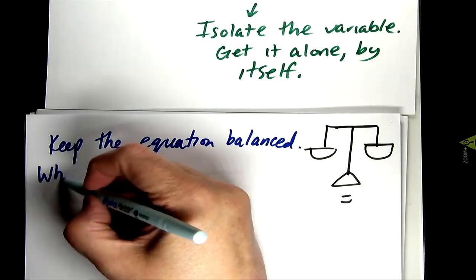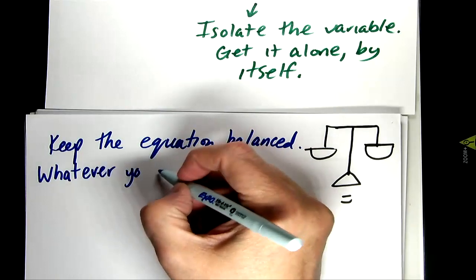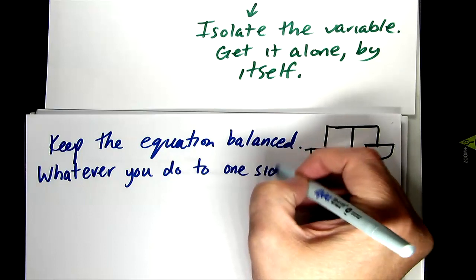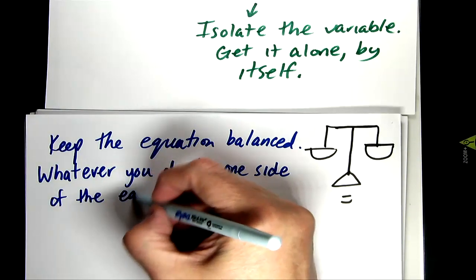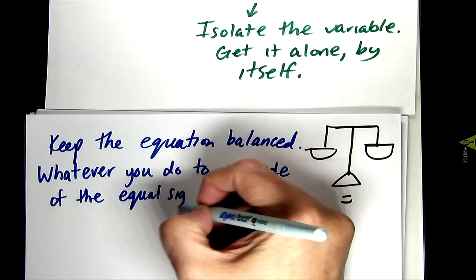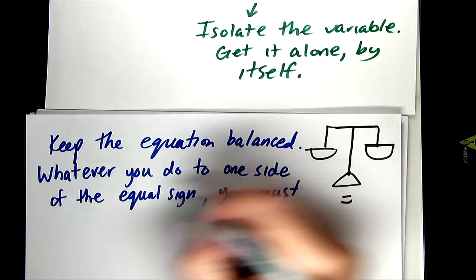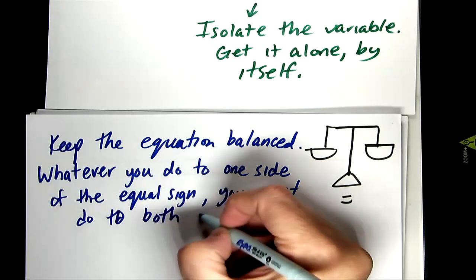How that works in mathematics is whatever you do to one side of the equal sign, you have to do to both sides.